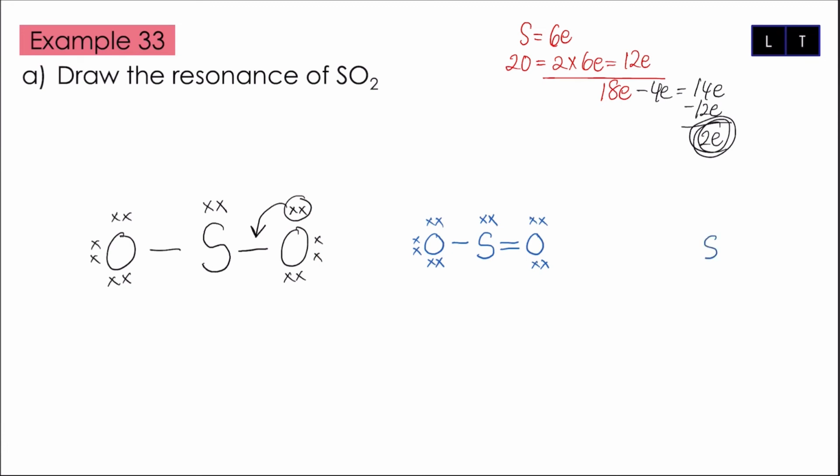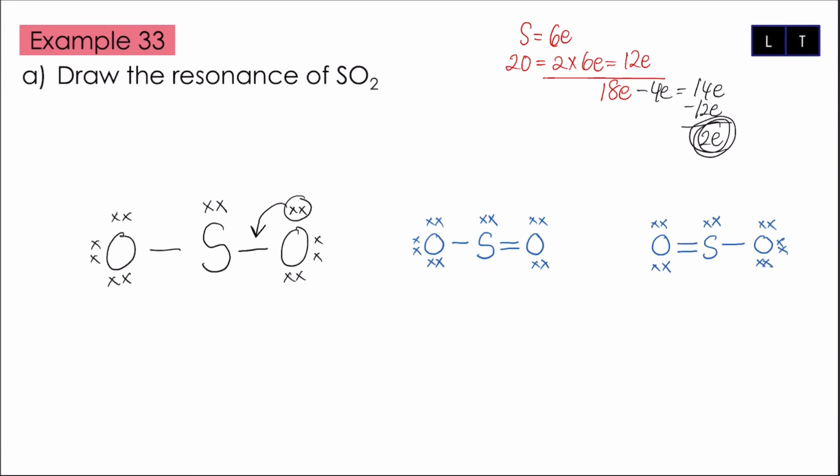I have sulfur bonded with oxygen on the left with a double bond, oxygen on the right with a single bond. So what's left here is 2 lone pairs, and the oxygen at the right with 3 lone pairs, and sulfur has 1 lone pair. So this is what I mean by resonance.